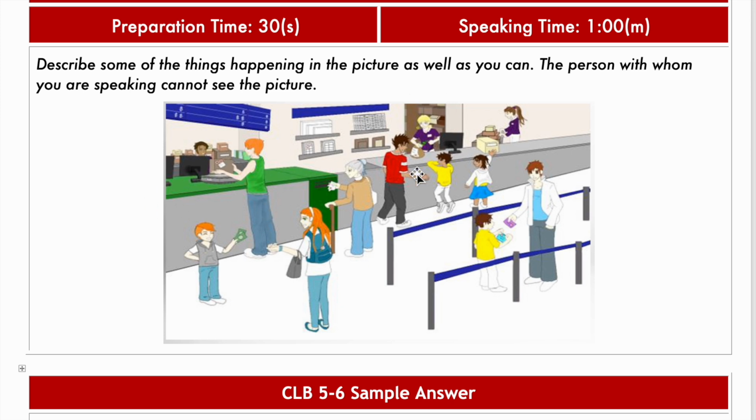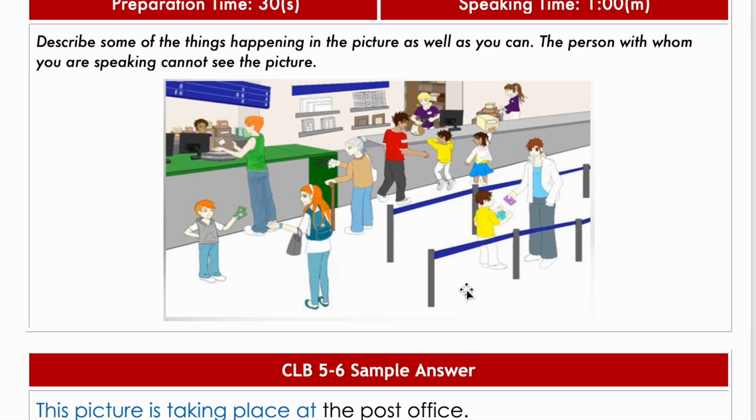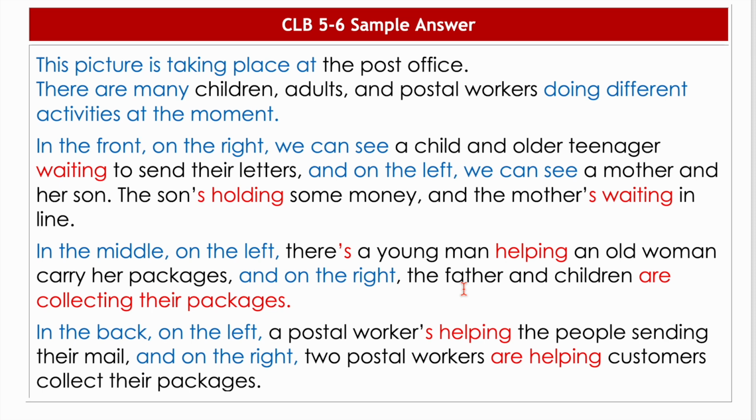And these postal workers are helping customers who are collecting their packages, okay? So everyone, we have a really good answer here for level 5, 6. Now level 5, maybe this one will be too difficult for you, but it's good to practice, okay? Level 6, this answer should be easy for you to say, okay?